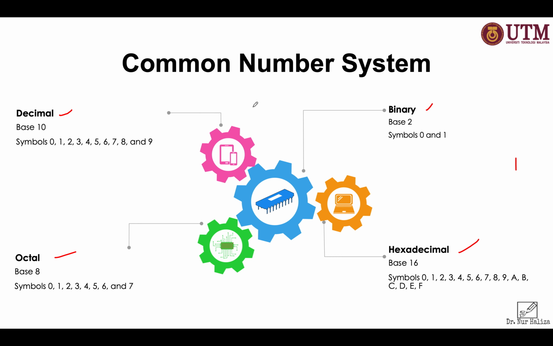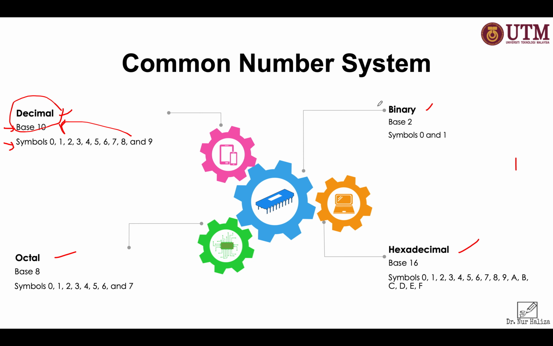You need to know how to convert between each of these number systems. In decimal, the base is 10, and of course the symbols are from 0 to 9. So we have 10 digits as the representation of decimal.